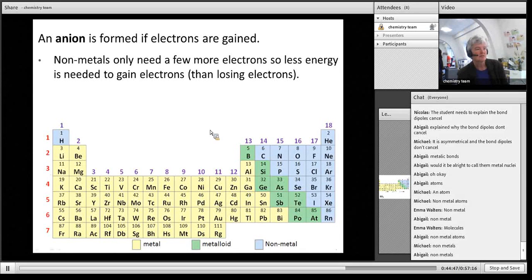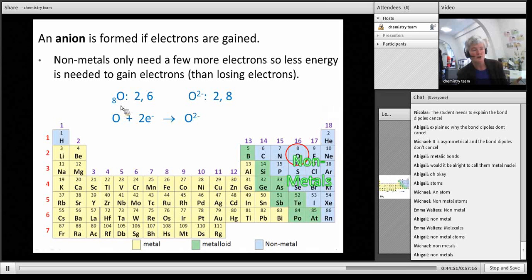Okay, so oxygen is an example. If I have 8 protons in oxygen, I've got 8 electrons in a neutral oxygen atom, and to get a full energy level I need to add 2 more electrons, so that 6 becomes 8, and those are the 2 extra electrons gained to make it go to 8. Okay, any questions about forming anions?